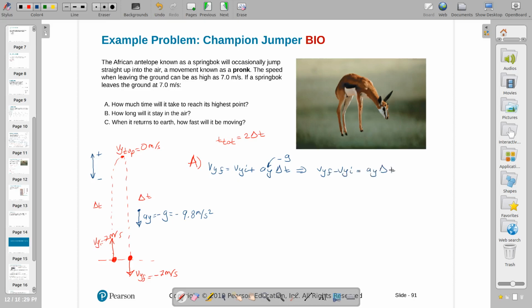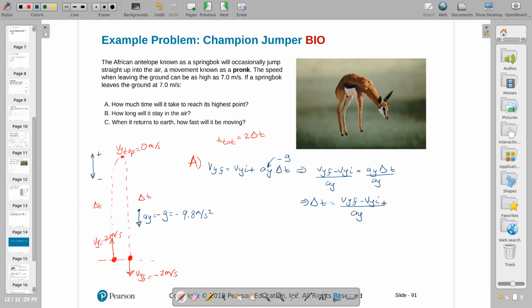I'm not replacing Ay by minus g yet, but I will. Then I solve for delta t by dividing both sides by Ay, or minus g, which would be the same thing. So my delta t is equal to Vy final minus Vy initial divided by Ay.